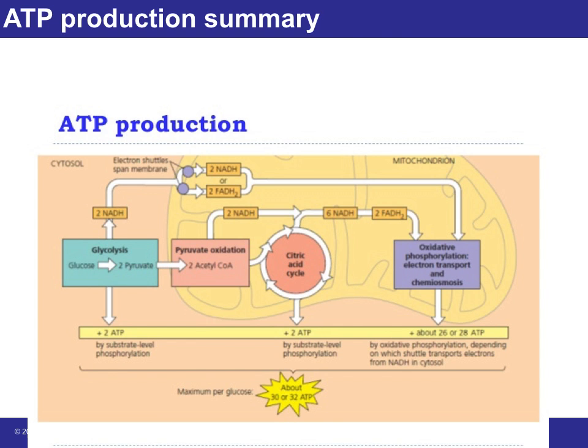Still some intermediates, 6 NADH and 2 FADH2, will interfere with the last phase in the purple box, and that is where you have the bingo: 26 or 28 ATP molecules will be generated, and that is where you need to have that oxygen molecule.